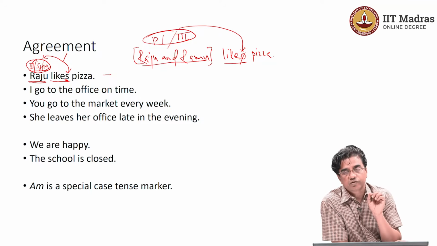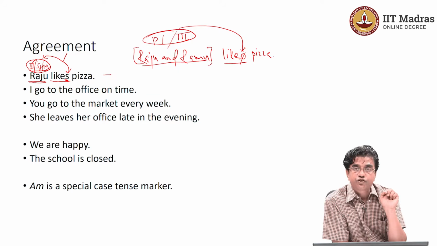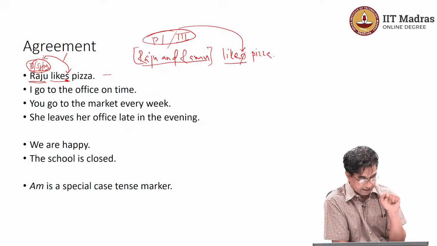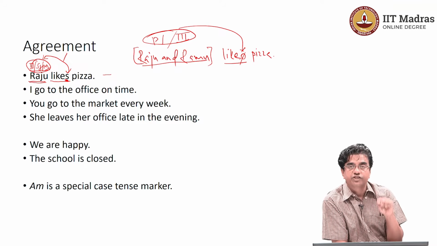So, in that line of discussion, the actual thing in this entire process of understanding agreement is that we need to determine the features of the subject.